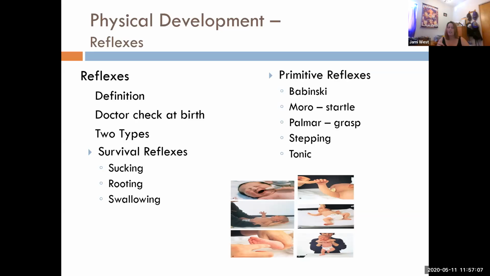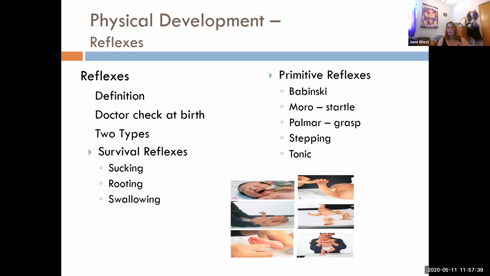They are checking that the connection between the central nervous system and the brain is working, because that's what a reflex is: our brain sending information through the central nervous system to tell our body what to do automatically. So doctors and nurses check reflexes at birth to make sure the central nervous system is doing what it's supposed to be doing.